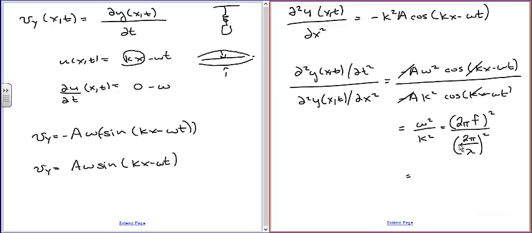So the 2 pi's cancel out, and then lambda comes to the numerator because you take the reciprocal of that, so you get lambda f quantity squared, and lambda times f is the velocity, so you get v squared.